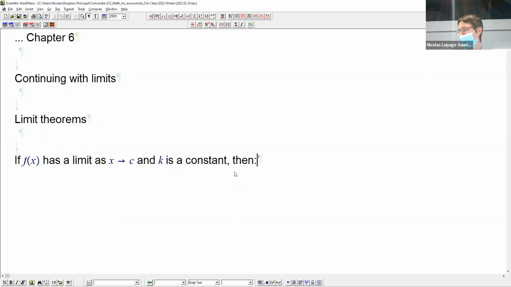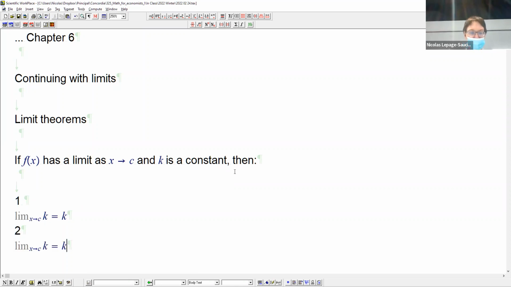Okay, so here are the basic rules. One, if you have the limit of some constant, you don't need to lose too much sleep on it. The limit as x goes to c of k equals k. Let's add a bit more.